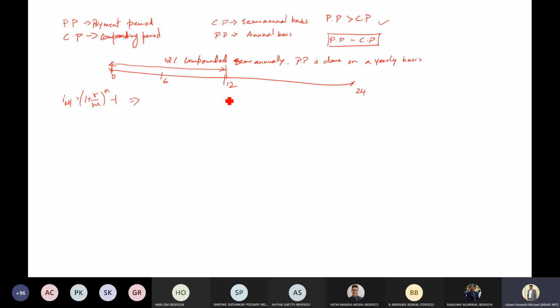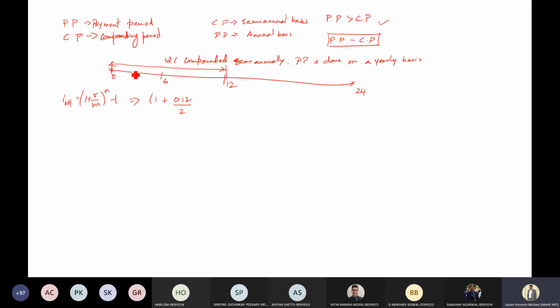Now, 1 plus the interest rate compounded semi-annually. It is given as 0.12 is your interest rate. The compounding period is semi-annual, so what will be the value of M here? How many times is it compounded in a year? 2 times. So 1 plus 0.12 divided by 2.